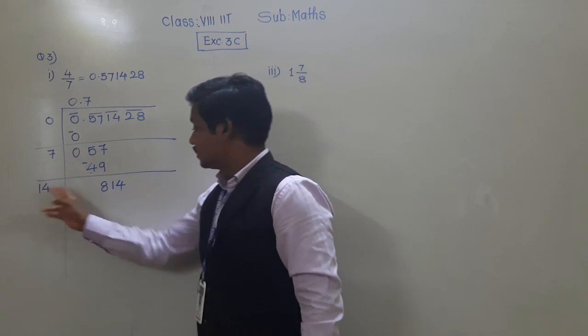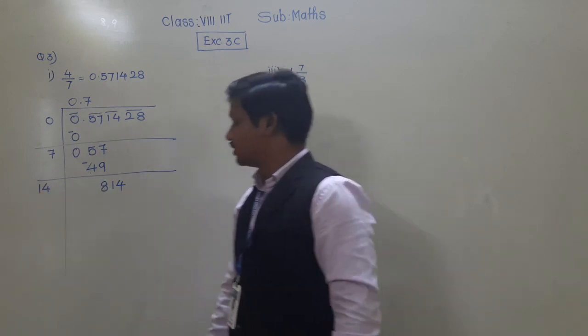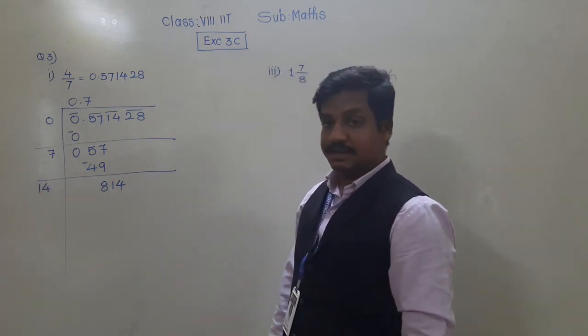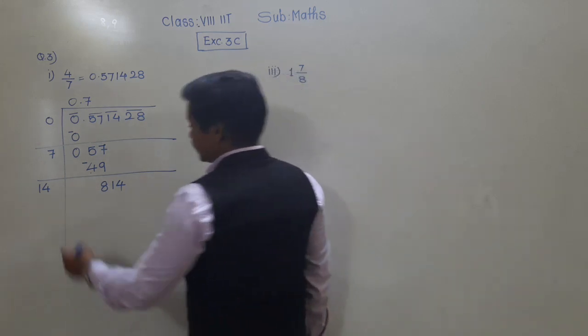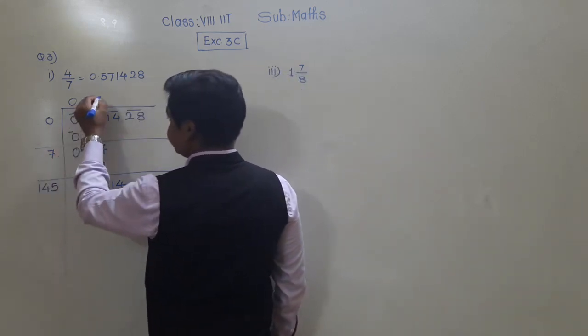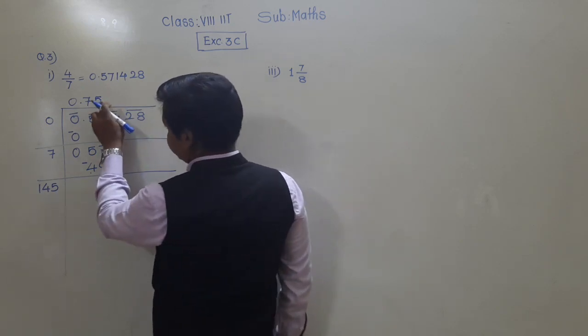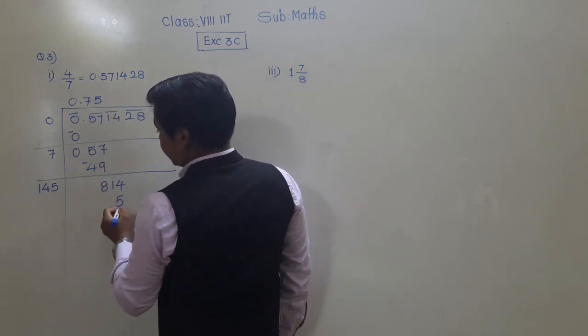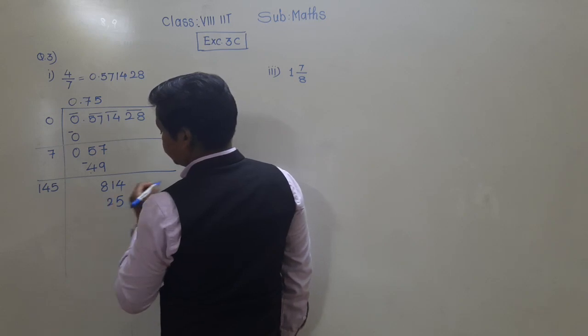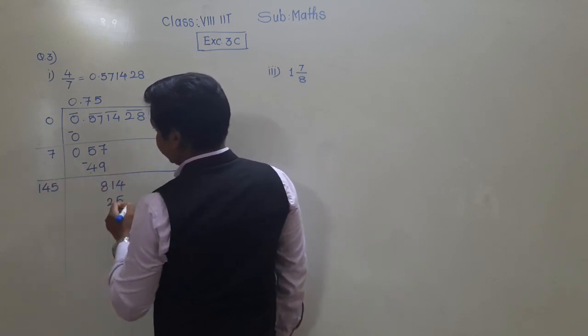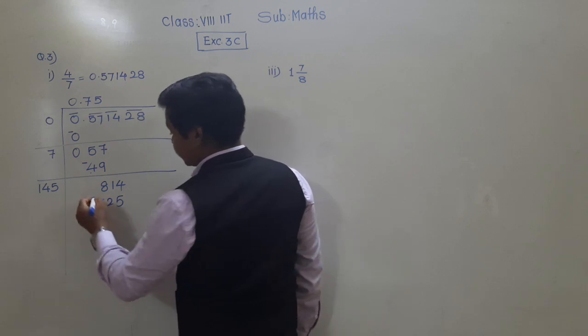If you divide 81 by 14, you will get 14 5s are 70. Correct? But let us check. If you put 5 here, are we getting a number smaller than 814? Let us check. 5 5s are 25, 2 carried, 5 4s are 20 and 2, 22, 2 carried, 5 1s are 5 and 2, 7. Yes, we are getting it.